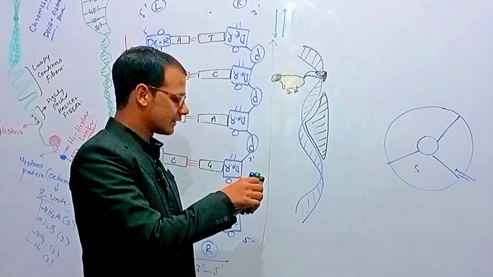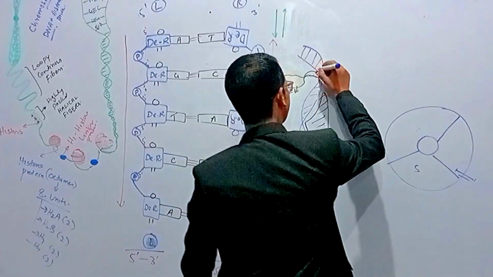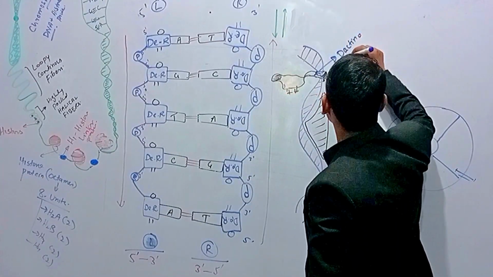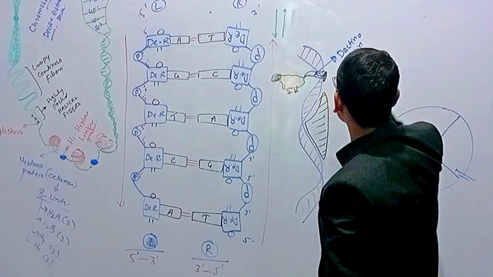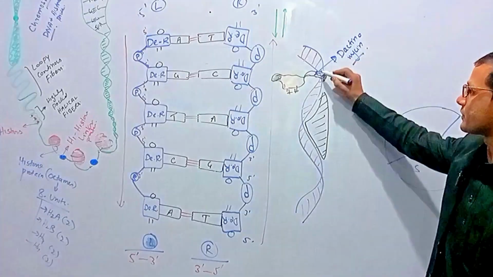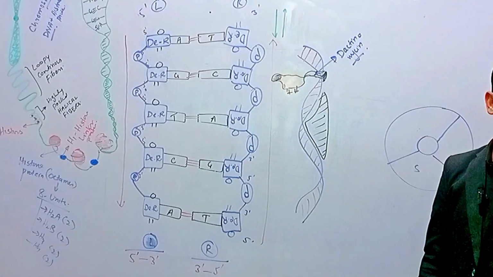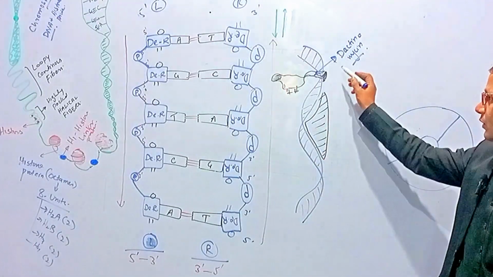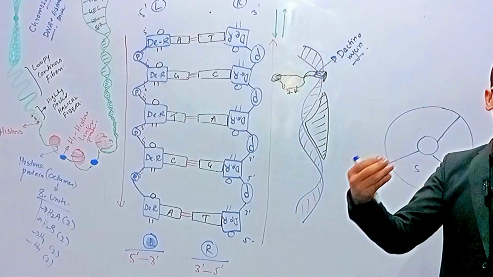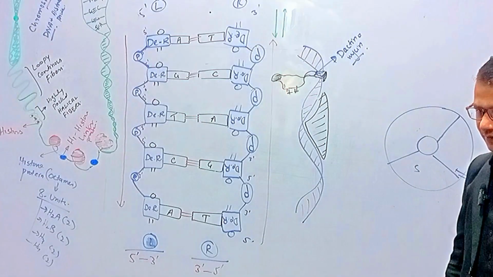This drug is like a duck, so it is called dactinomycin. Dactinomycin is an anti-cancer drug, and it stops the DNA replication, right? So this is one way to prevent the cell from cancer, right?